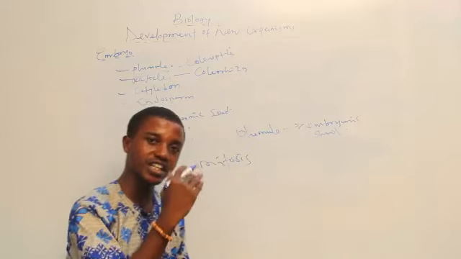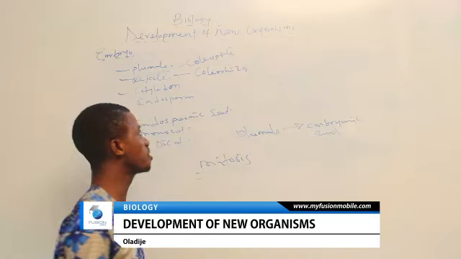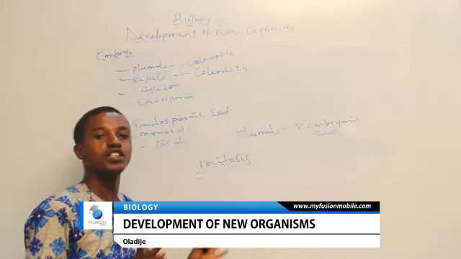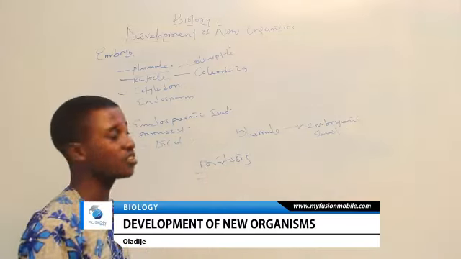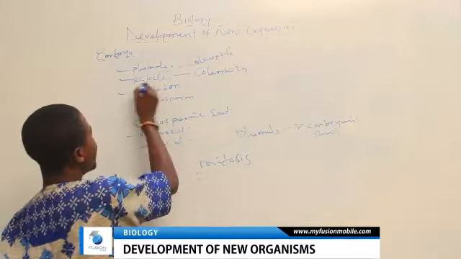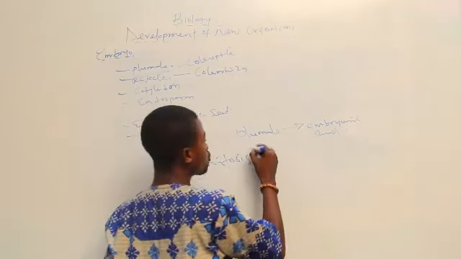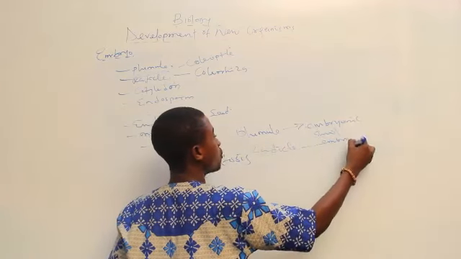The plumule is the embryonic shoot. It is what will form the future shoots, the leaves, the stem and the branches. Those are part of the shoot. The radicle is called the embryonic root. It is what will form the future root.